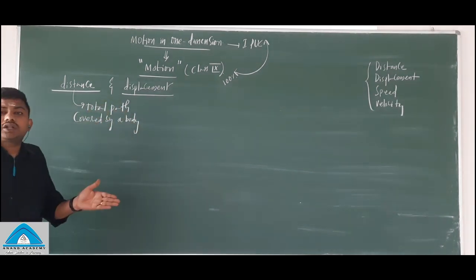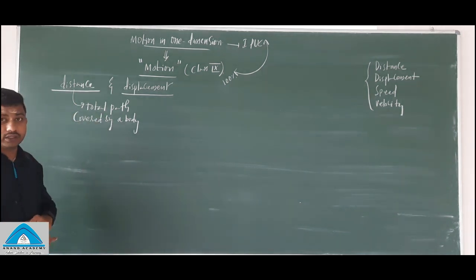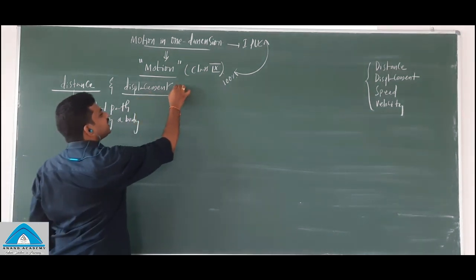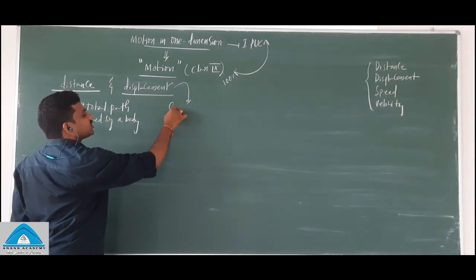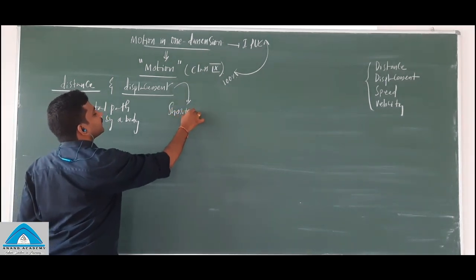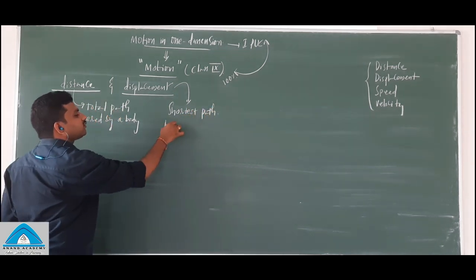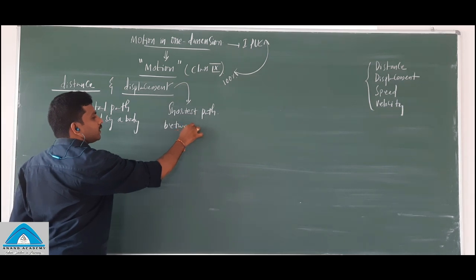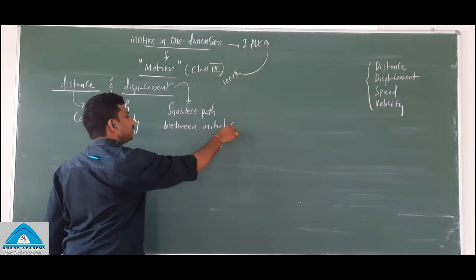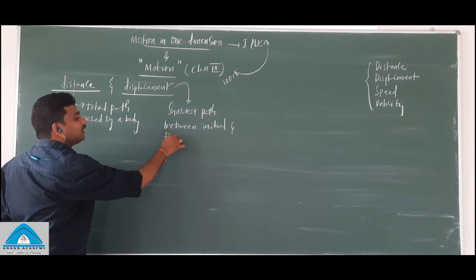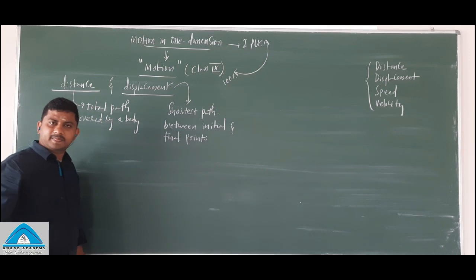Here we have not at all discussed the direction of the path traveled by the body. The displacement is a physical quantity which is the shortest path between initial and final points of the body.